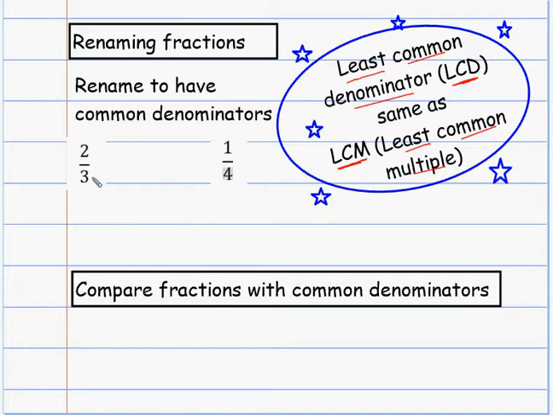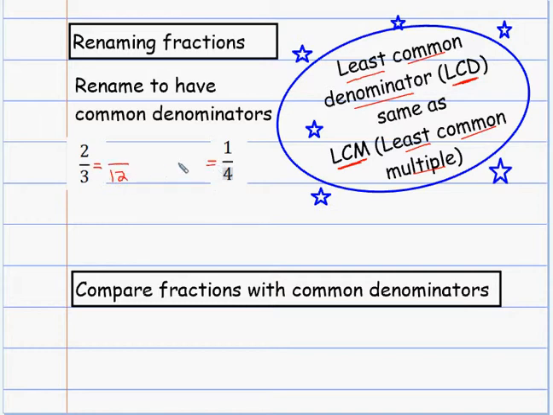Take a look at these two fractions, 2/3 and 1/4. If I want common denominators, I need to find a multiple of 3 and a multiple of 4, and hopefully it's the smallest one. I know that I can use 12, so I can make equivalent fractions with the denominator 12.